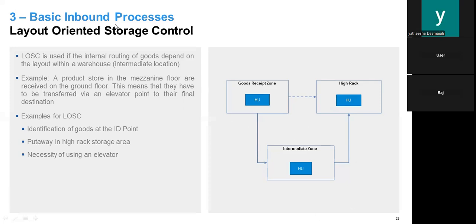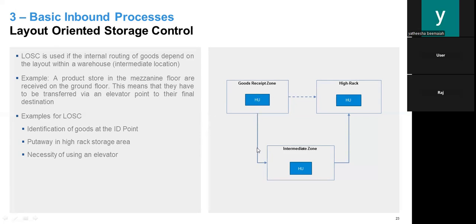Yeah. So this is layout oriented storage control, LOIC, and it is based on the layout of the warehouse. When we receive the goods at the GR zone, in some warehouses they have an automated system.